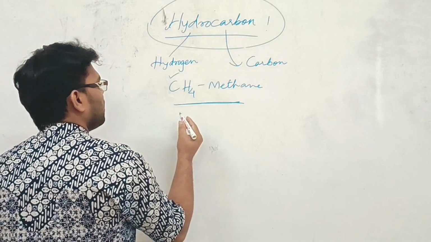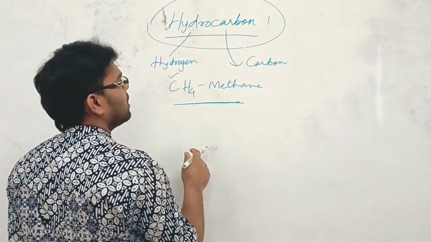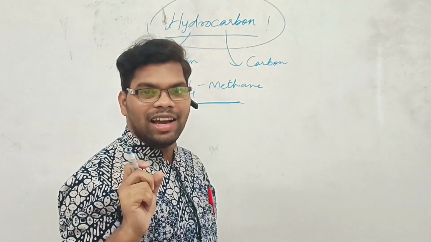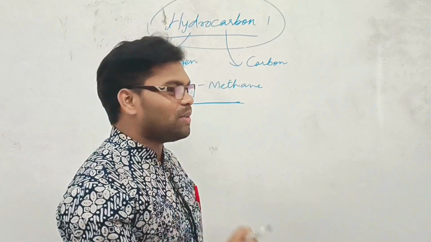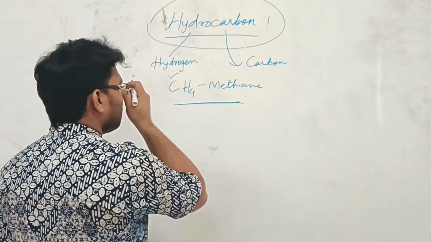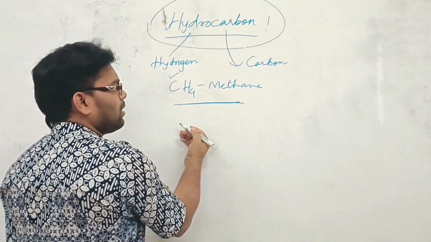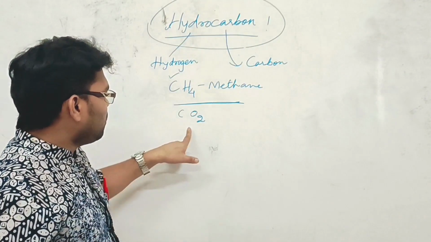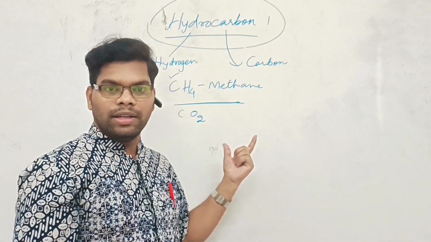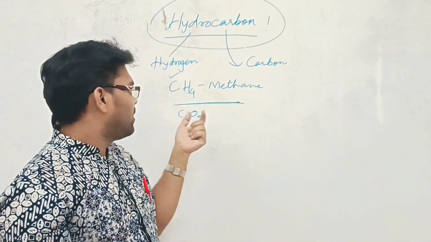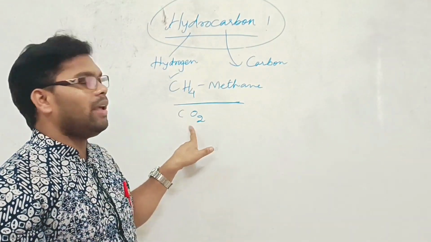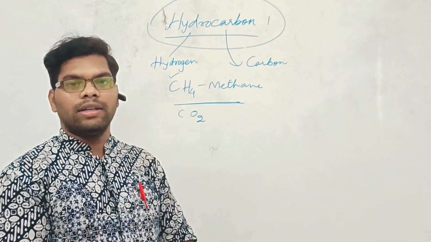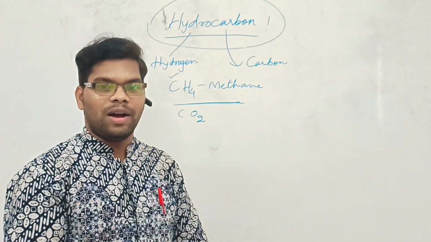Now let me give you one more example. You have to tell whether this compound is a hydrocarbon or not. Let's say carbon dioxide. Is carbon dioxide a hydrocarbon, an organic compound? Well, it's an inorganic compound. Why?